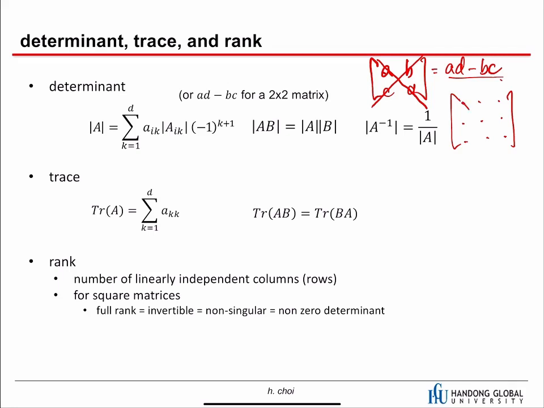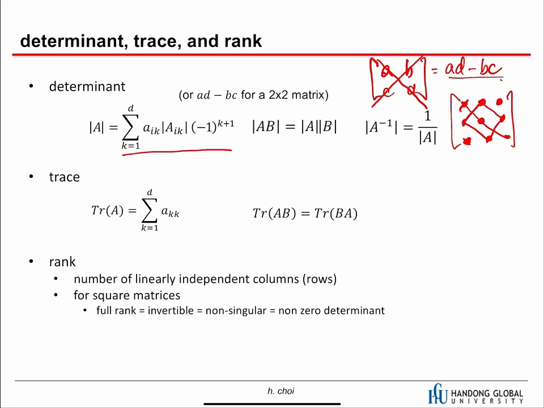Multiply this one and this one and this one, plus multiply this one and this one and this one, plus multiply this one and this one and this one, and minus multiply this one and this one and this one, and minus multiply this one and this one and this one, minus multiply this one and this one and this one. We can do this for a D by D matrix too.